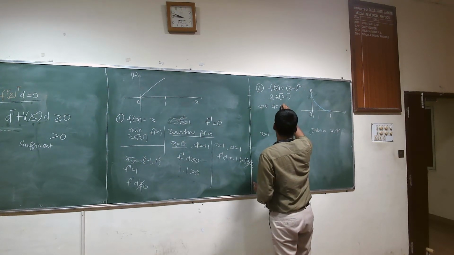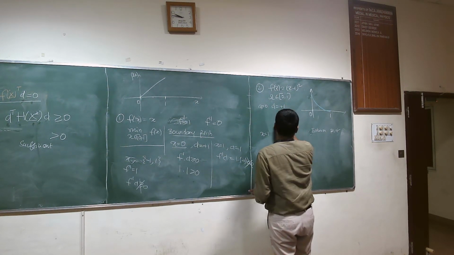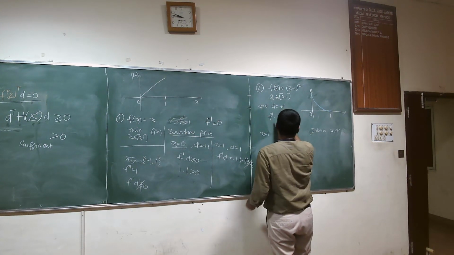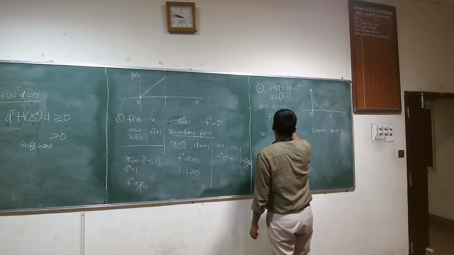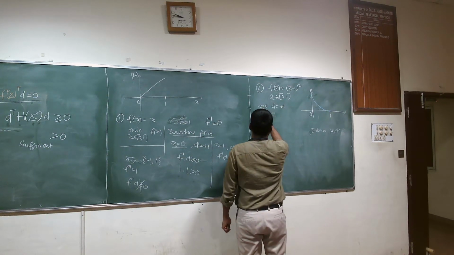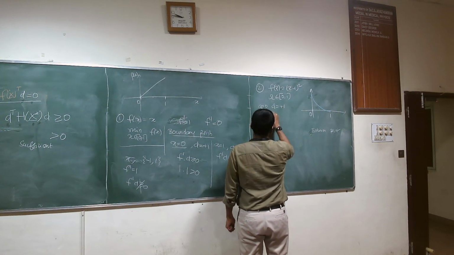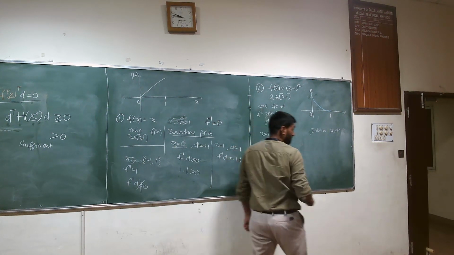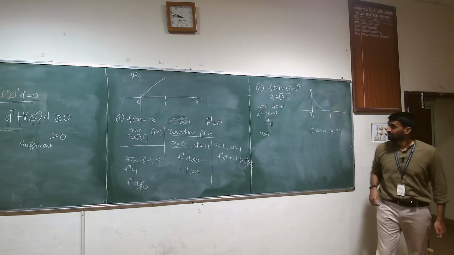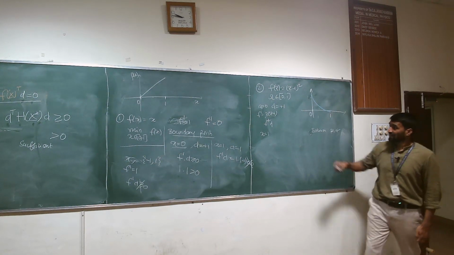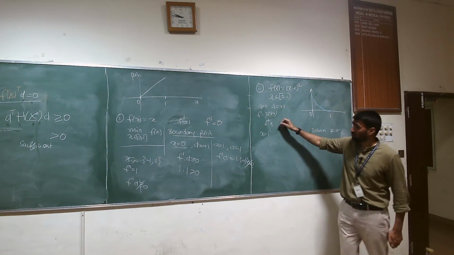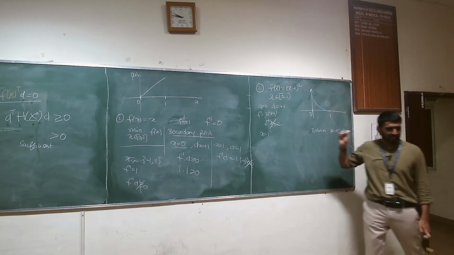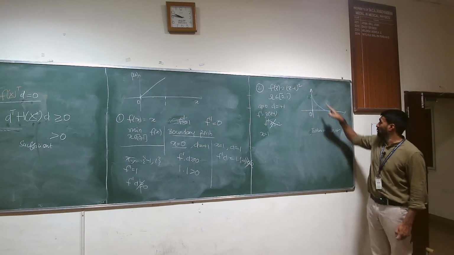D is plus 1. That's the only possibility. F dash is minus 1. What about f dash d? At x equals 0, f dash is minus 2. So this is not a minimum.